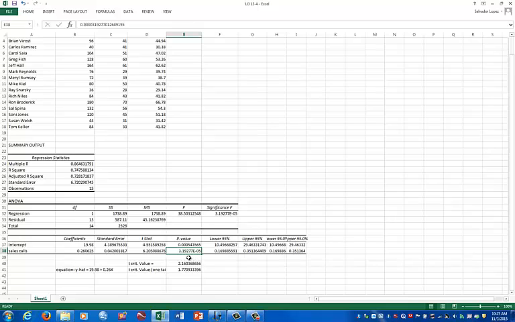So that value is actually 0.00003194. Okay, so that is the p-value. Well, that value is definitely less than 5%, so reject the null hypothesis. And the slope is significantly different than 0.